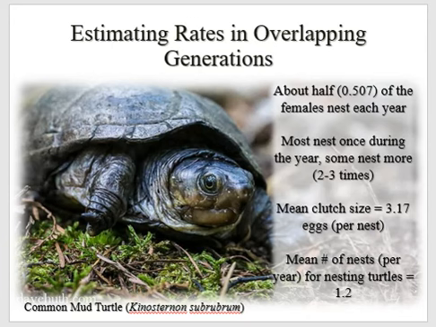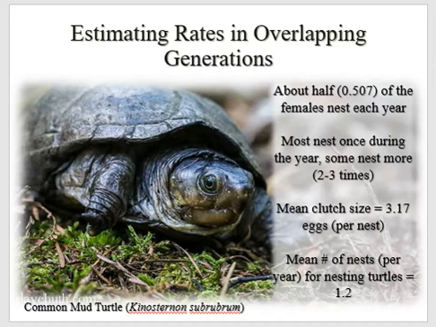So the mean number of eggs produced by a nesting female each year, you would calculate by multiplying 3.17 eggs per nest times 1.2 nests per year, which yields about 3.8 eggs per year. So each female that does nest in general provides roughly 3.8 eggs every year.